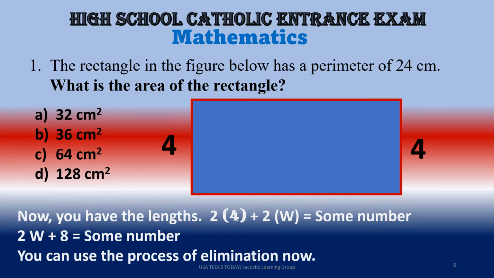If you have 2 times the width, you want to make sure that you can think this through. So 2 times the length or the width, it doesn't matter which side you do, plus 8. I'm using 8 as a length, so that would be 2 times the width. You're going to have to do the process of elimination to figure out what it is.